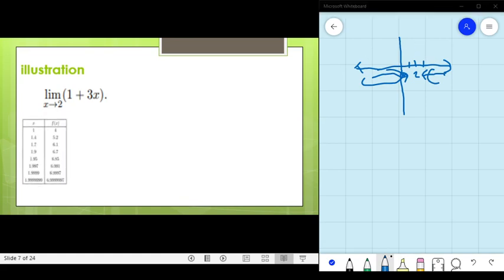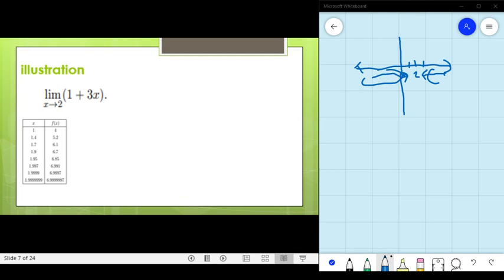Okay, so in this case, we assign values of x. Notice that it was taken from the right using our table. No, it's from the left.